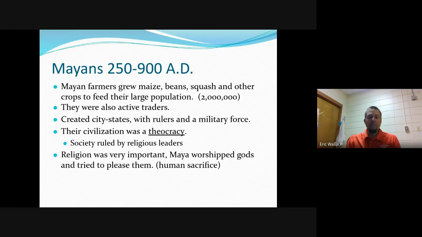They knew that rain was the lifeblood of the earth, and so they thought that in order to please the gods to bring rain, they needed to sacrifice people, because blood was the life of individuals. So they believed if you sacrificed individuals, those gods would then send the rain and they would have a good harvest. So the Mayans and all these civilizations were known for sacrificing humans to try to please their gods.